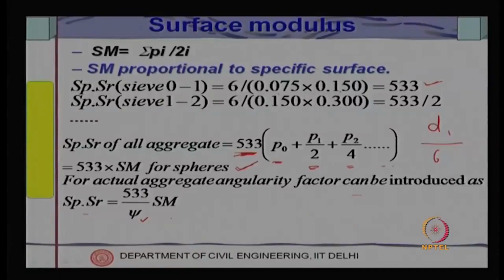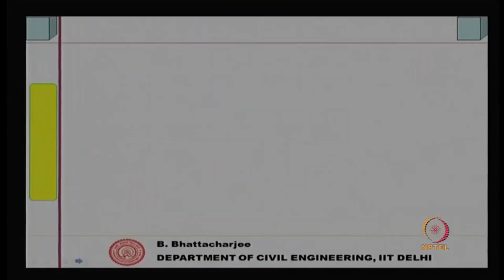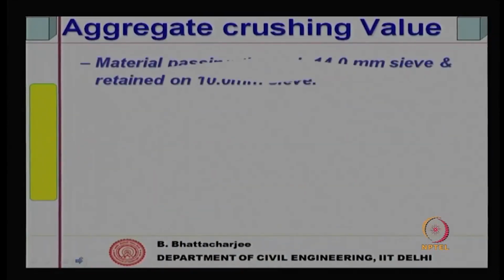So, 1 by xi, which increases with irregularity or angularity, will be the specific surface. So, from surface modulus you can calculate aggregate surface area, the specific surface of aggregate, that is area per unit volume, to get an approximate idea about this.